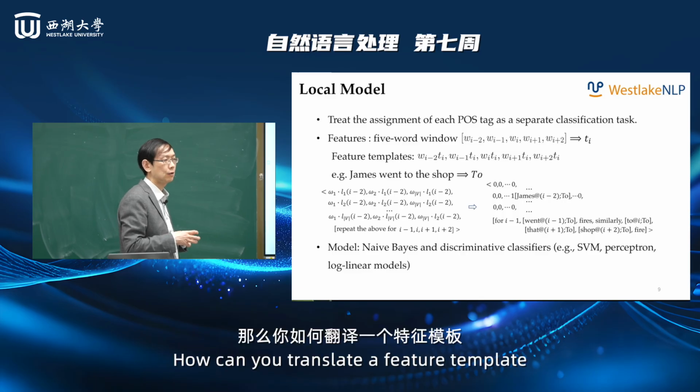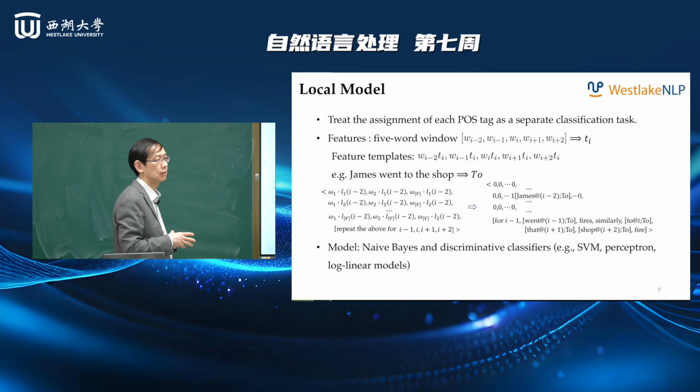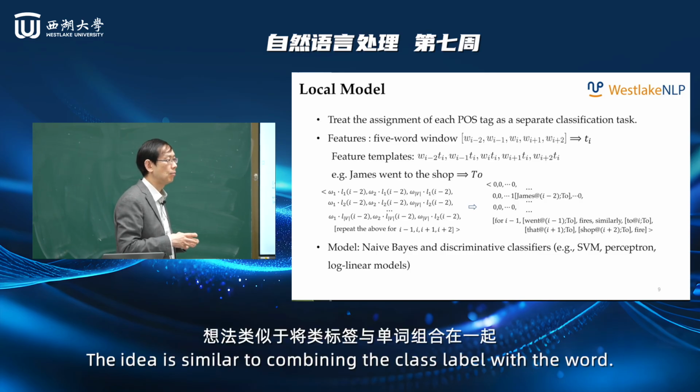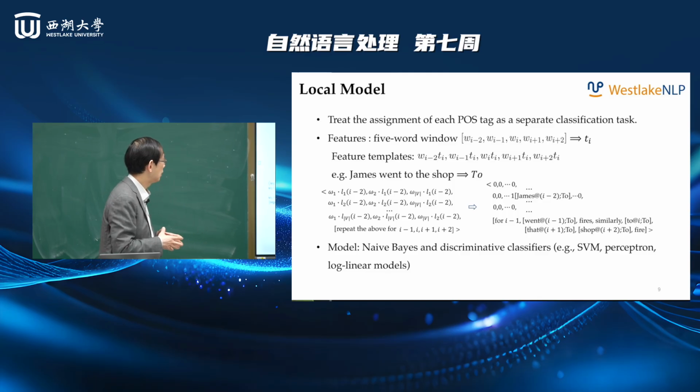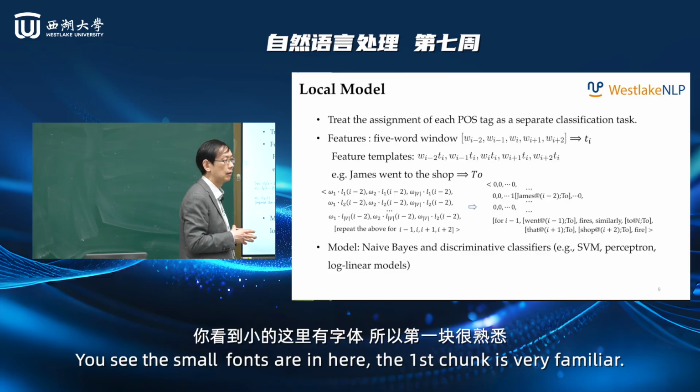So how can you translate a feature template with a position into a feature instance? The idea is similar to combining the class label with the word. You see the small fonts in here.